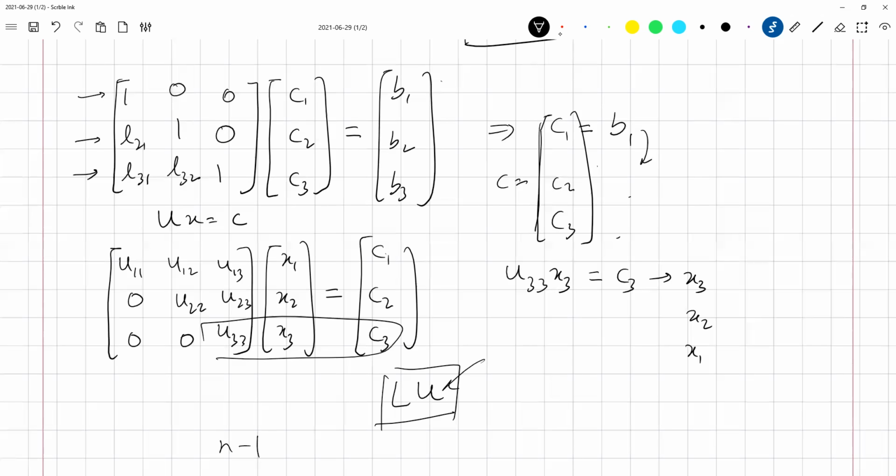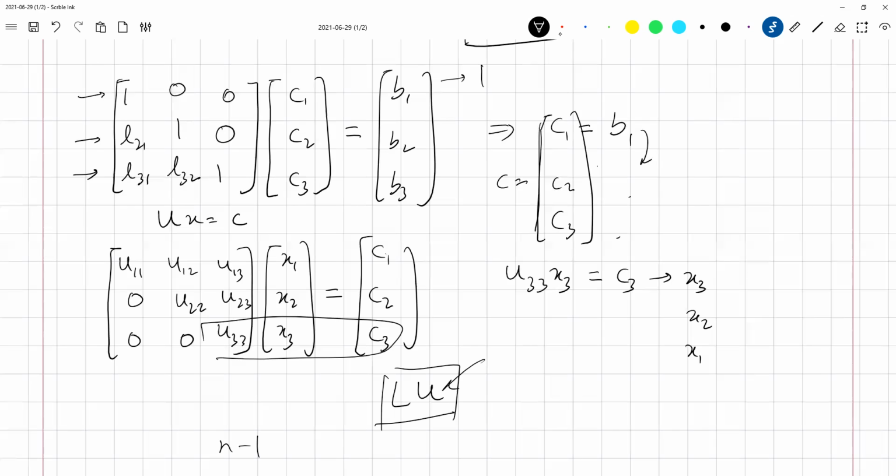Okay, so we'll have one step over here to find out C1. How many multiplications, additions, subtractions do you need to do in this case? Zero, because you will directly get the value of C1.